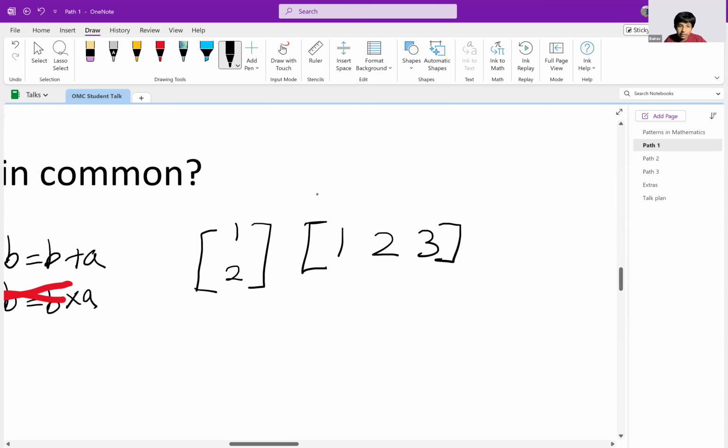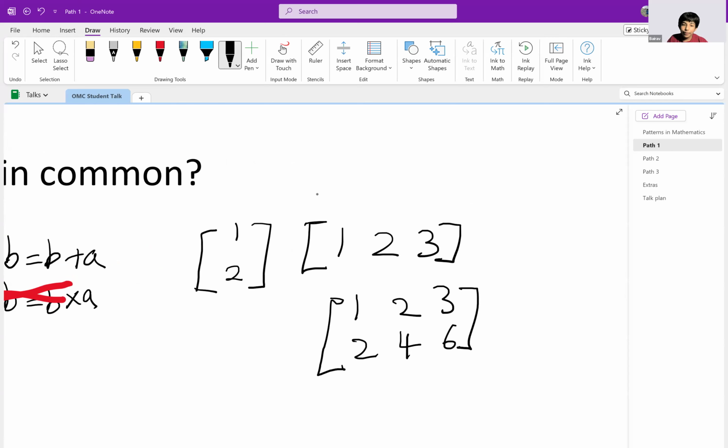So we have this 1 and 1. Then we end up with the matrix of 1, 2, 3, and 2, 4, 6. But if we look the other way around, then it turns out that we can't multiply these at all.